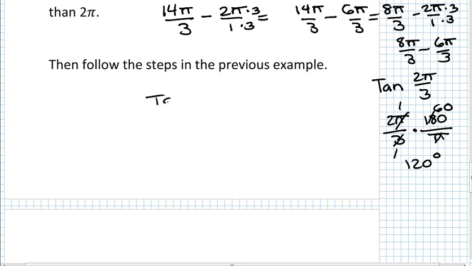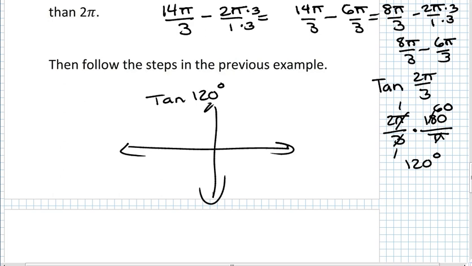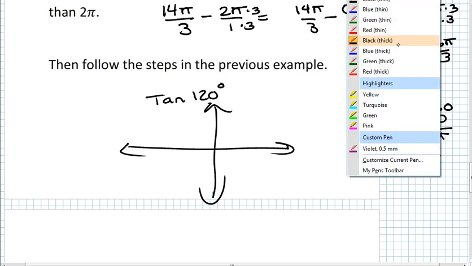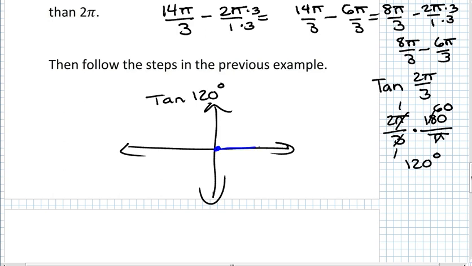So basically you're finding the tangent of 120. So we're going to do the next steps. So we rotate into the second quadrant. And remember, 180 minus 120 gives me 60 degrees.